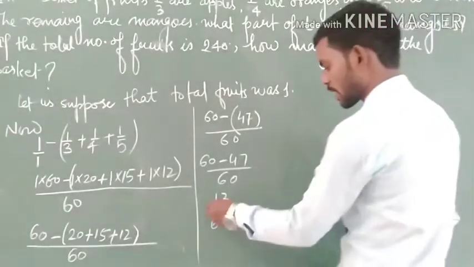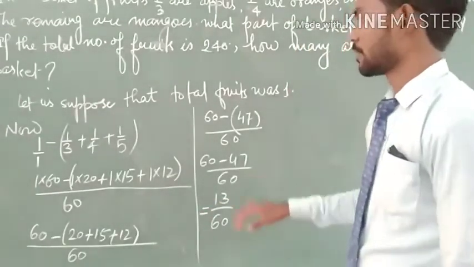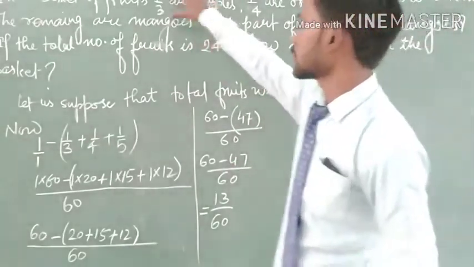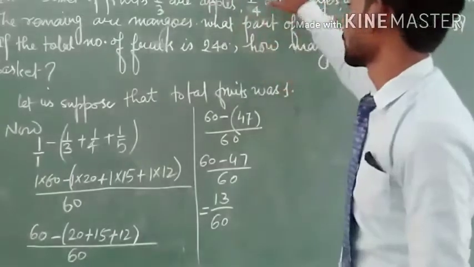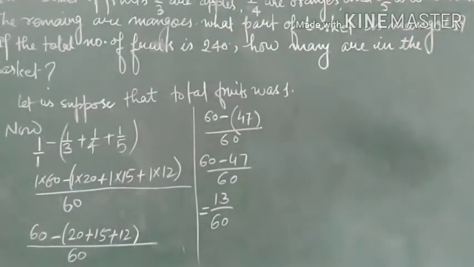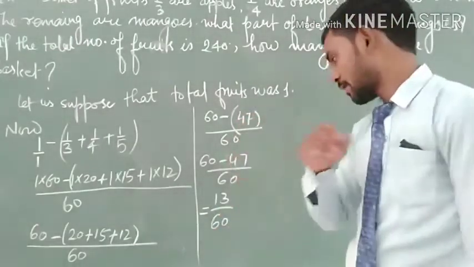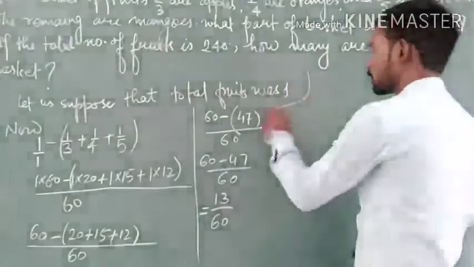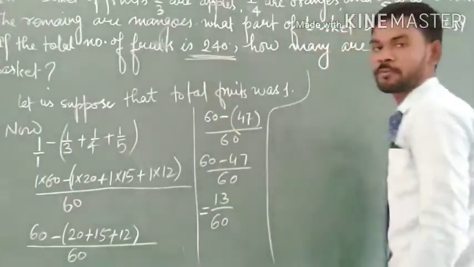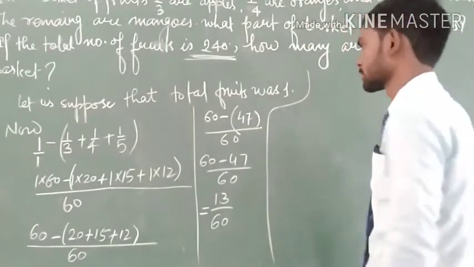Okay, so these are the parts of mangoes. Now just keep it in mind, 1 upon 3 is the part of apple, 1 upon 4 is the part of orange, and 1 upon 5 is the part of banana, and 13 upon 60 is the part of mango. And here the question is that if the total number of fruits is 240, then find out the number of each type of fruit.